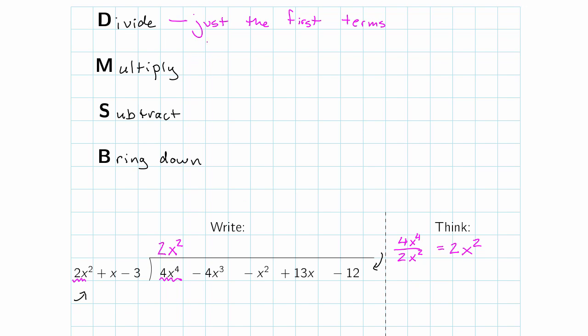And then when we multiply, we're going to take that 2x squared and multiply it by our entire divisor. Which is going to involve distributing. 2x squared times 2x squared is 4x to the fourth. 2x squared times x is 2x to the third. 2x squared times negative 3 is negative 6x squared.